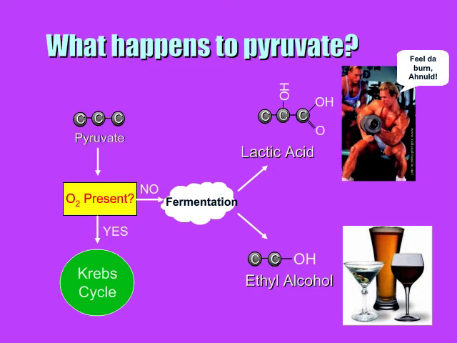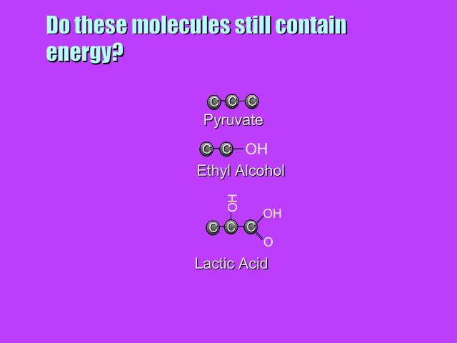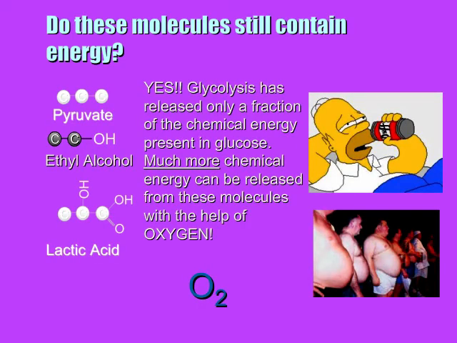That is, we can take pyruvate and convert it into ethyl alcohol, which is a 2-carbon compound. And so the ending products for glycolysis and fermentation are either going to be a 3 or a 2-carbon compound. So the question is, do any of these compounds still have potential energy left? So the correct answer to this question is yes, absolutely, these molecules still have a lot of potential energy.